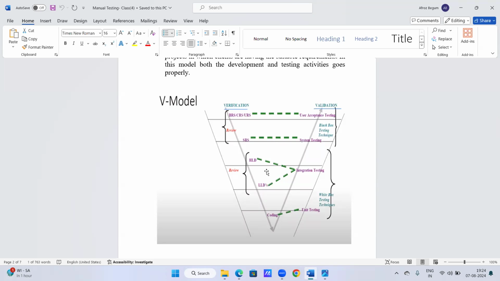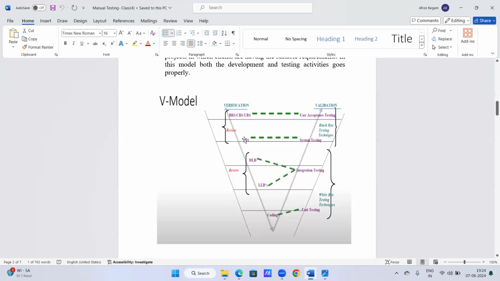As we discussed yesterday, what is a module? It means a piece of software in the application. The entire application will be divided into main modules, and again each module into sub modules. Those sub modules are called the low level design. So the HLD document has main modules, and the LLD document has low level modules.